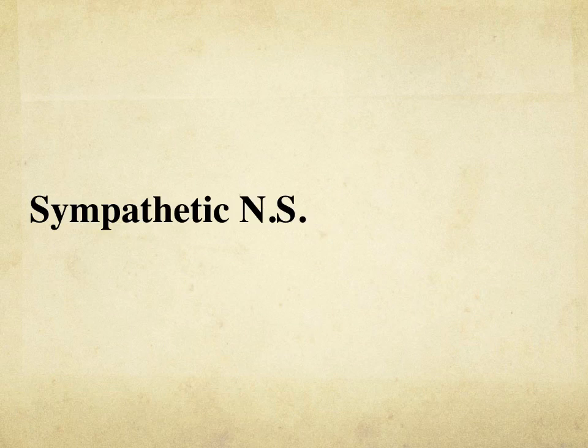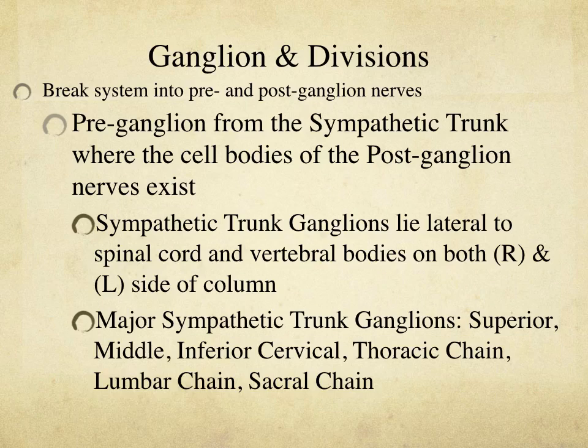The sympathetic side is a little bit more diffuse. So what we end up having is ganglions and divisions making up this pathway, this nervous system.